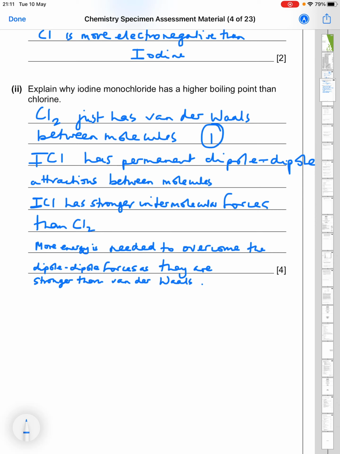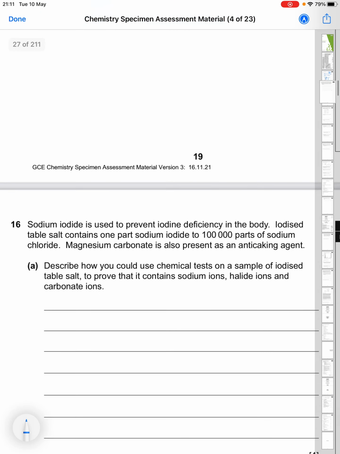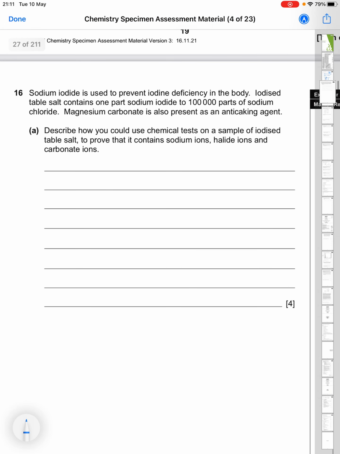Okay, so 4 marks. 1 for chlorine, just as van der Waals. 2nd for the permanent dipole-dipole attractions in the ICl. 3rd for those are stronger, and 4 then if we're talking about the amount of energy you need to break them.